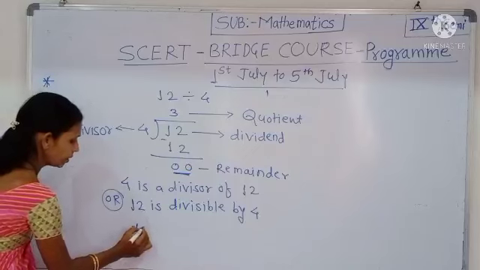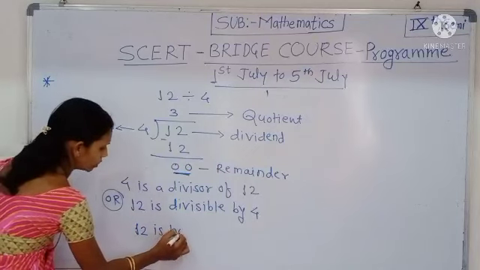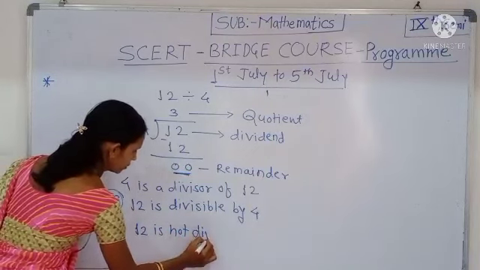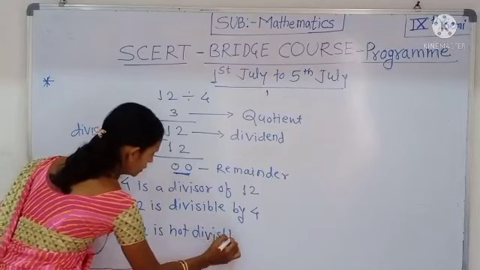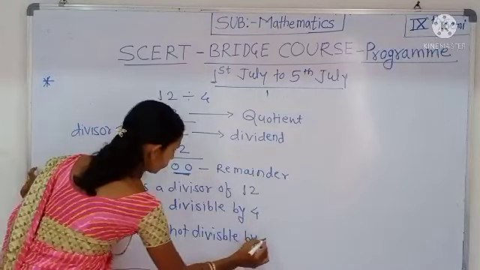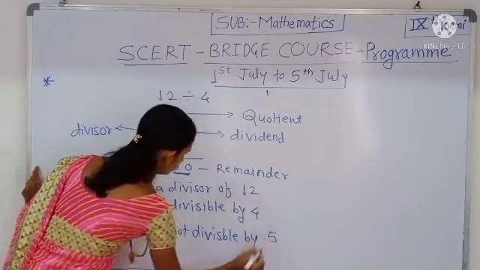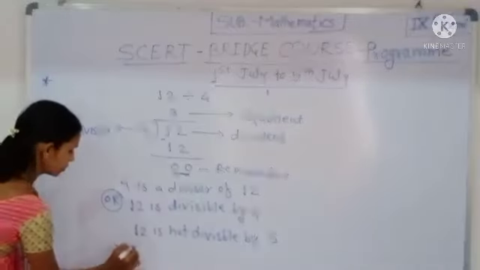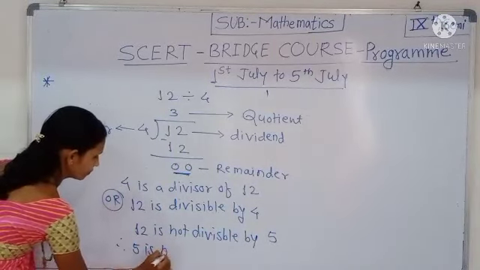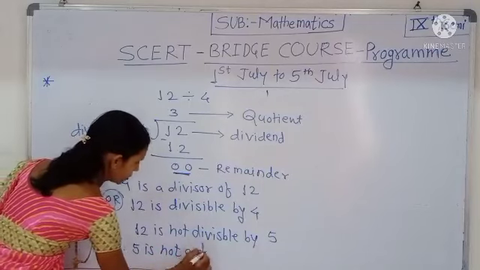But 12 cannot be divisible by 5. Therefore 5 is not a divisor of 12.